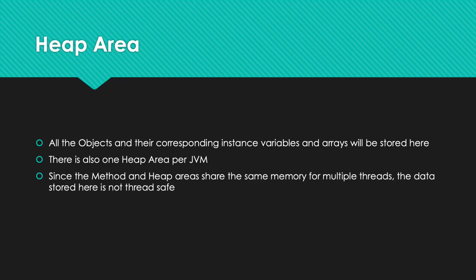Again, there is only one heap area per JVM, so it's a shared thing across all threads. The data stored here is obviously not thread safe. So if you have multiple threads accessing a single object in the heap area, you should take care that it's thread safe, that only one thread is accessing the object at a time.